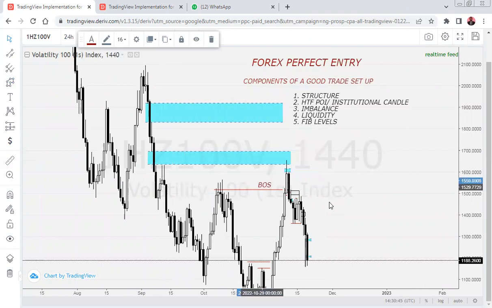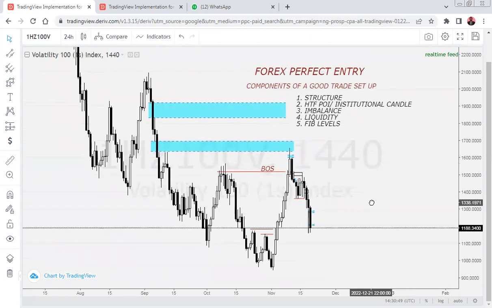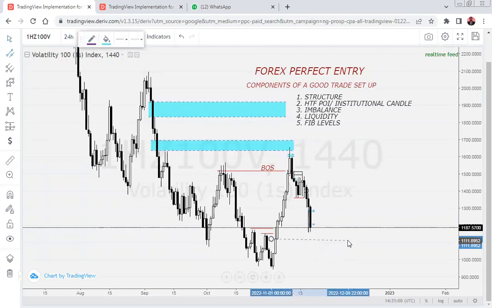You can see that it's very clear. So since market has given us a break of structure, the next thing to do is to begin to look for that candle where the price is definitely going to come back into. So what I can see here is there's an imbalance here. So structurally, there's an imbalance here.